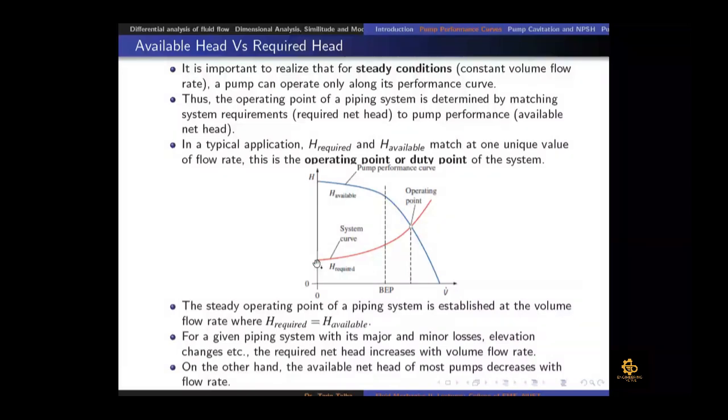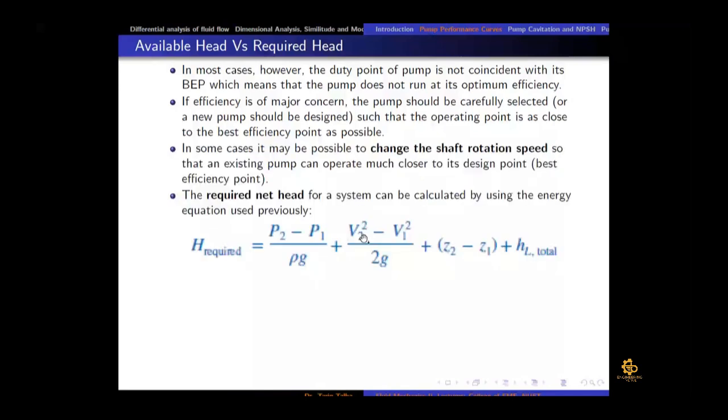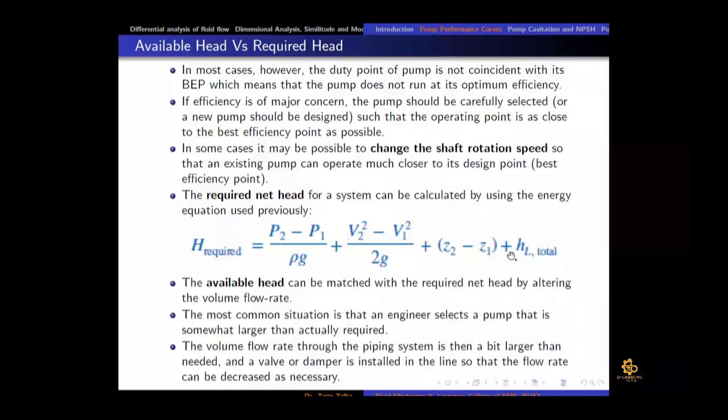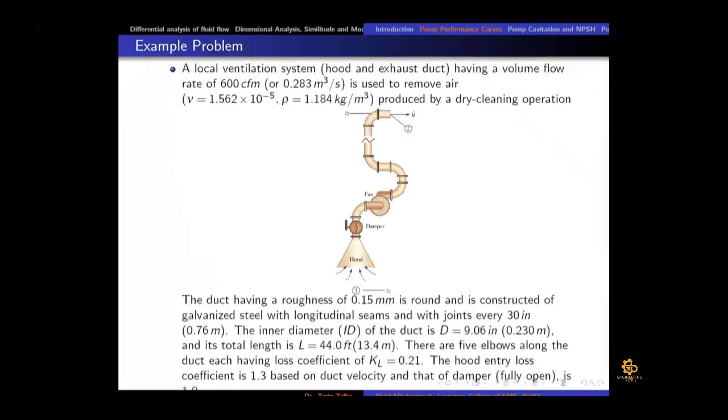At different values of volume flow rate, we need to get the value of H required. Now, how can H required be calculated? That is the formula: P2 minus P1 upon rho g plus V2 squared minus V1 squared upon 2g plus Z2 minus Z1 plus HL total, right?